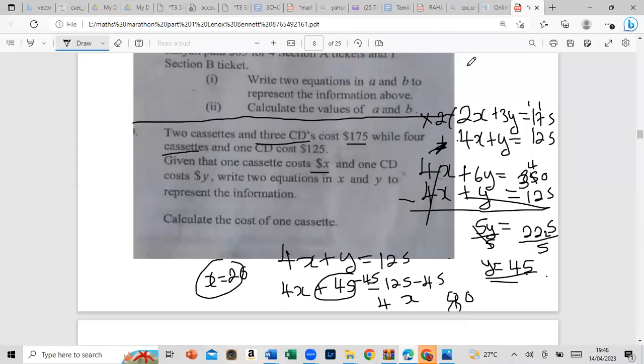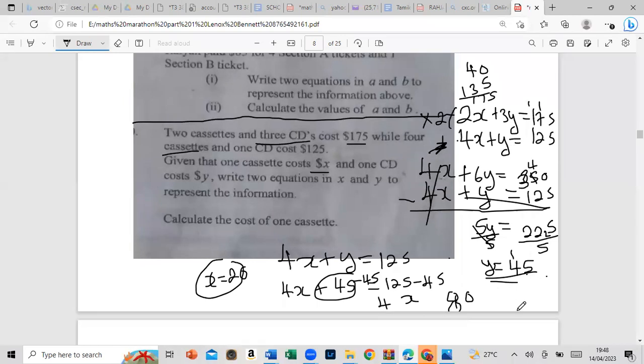So 40 plus 135 is 175. And 4 times 20 is 80. 80 plus 45 is 125.